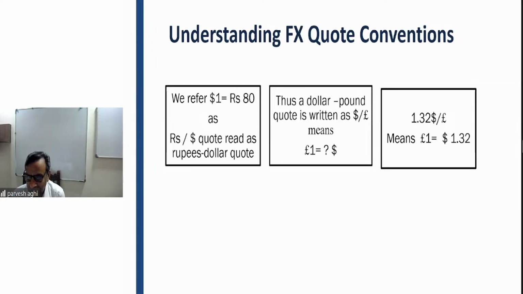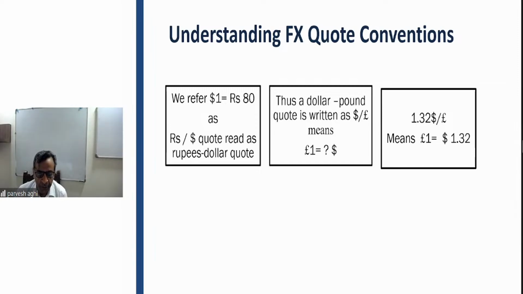Now, the quote can also be written like this: $1.32 oblique pound, which means 1 pound is equal to so many dollars. Yeah, you are right, it is rupee per dollar.